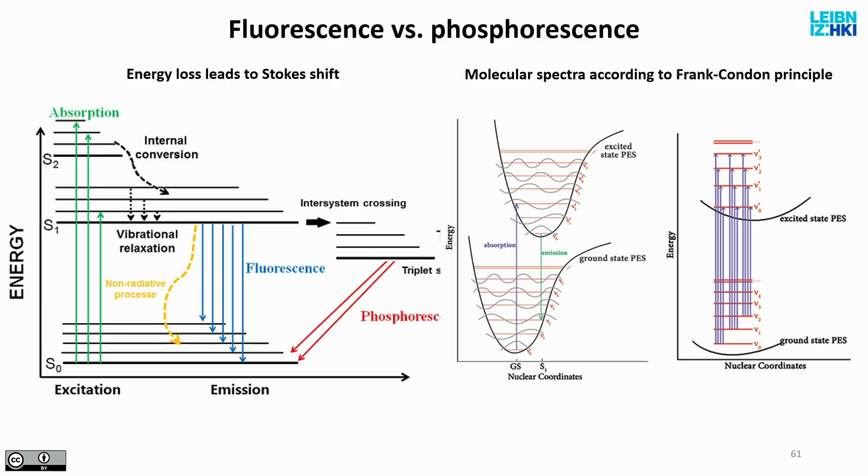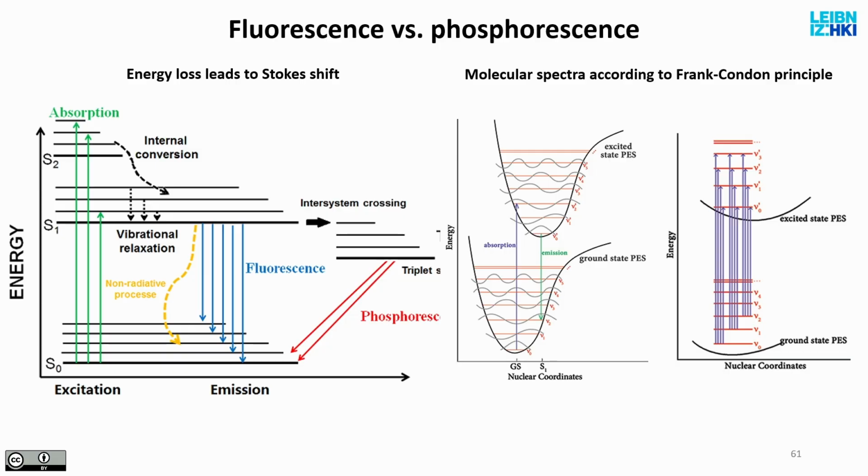What happens later? So let's say we have a photon which matches one of these energy levels. The molecule gets into an excited energy state, but it doesn't like to be. If you ever studied quantum mechanics, you will know that excited energy levels are not stable. With a certain probability, the molecule will try to go back to its ground energy level.